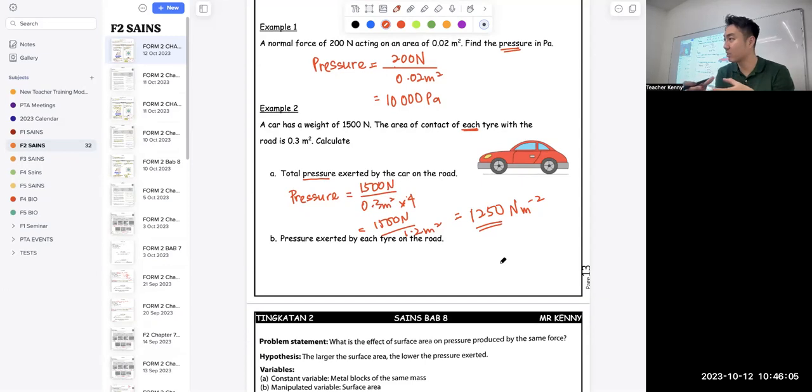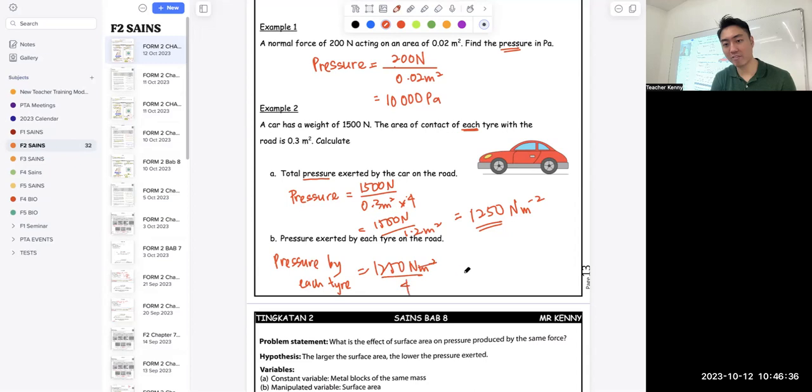1250 is 4 tires touching. So one tire is 1250 divided by 4 lor. 明白吗? Yeah. So pressure exerted by each tire is 1250 divided by 4.